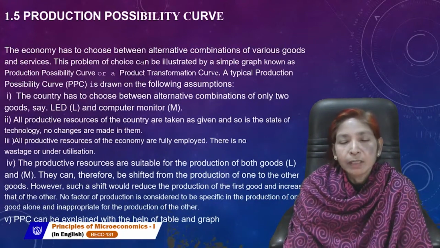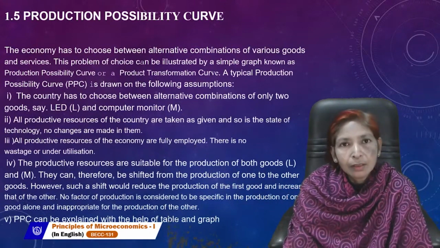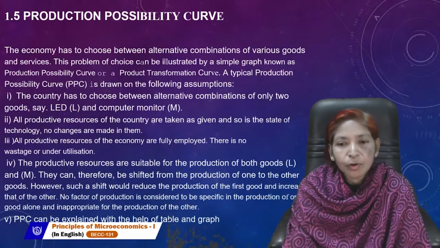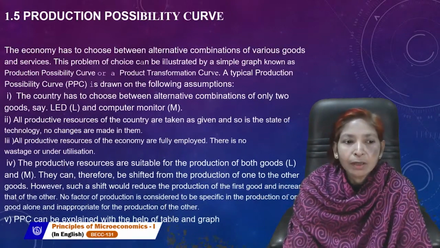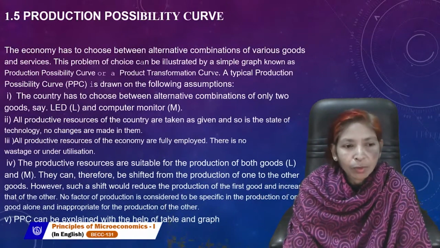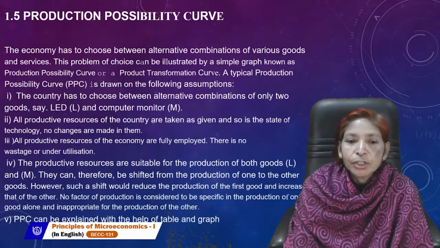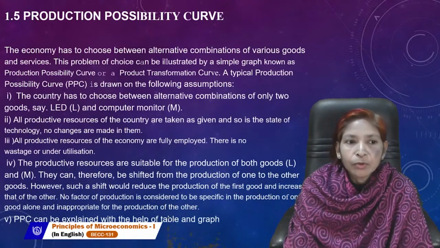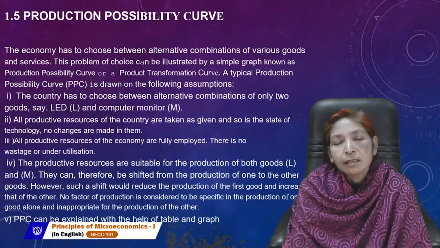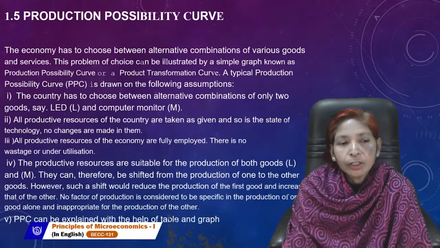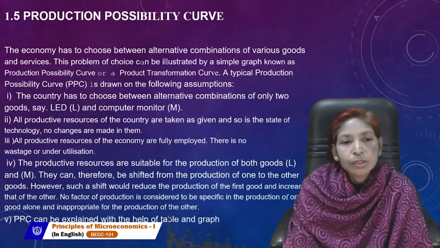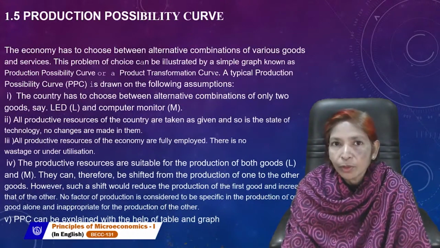It means land, labor, capital, and entrepreneur are suitable for the production of goods, LED TV or computer monitor. They can therefore be shifted from the production of one to the other. If we produce more LED TV, then we will produce less computer monitor. If we use less resources in LED, we can use more resources in computer monitor.